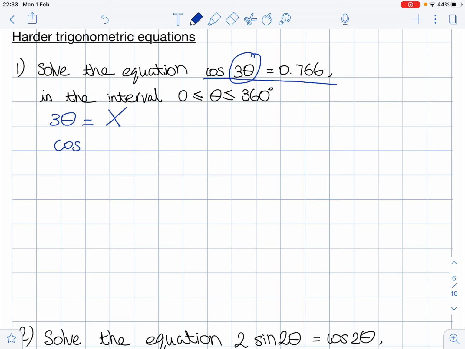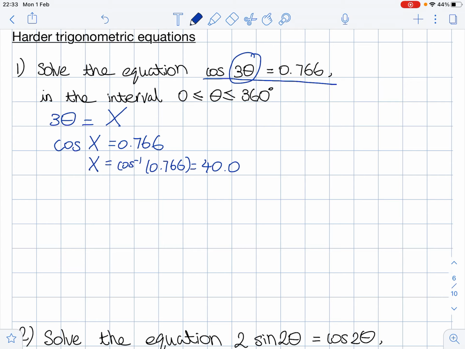So if we solve cos X equals 0.766, we can find our principal value for X. So this is cos minus 1 of 0.766.